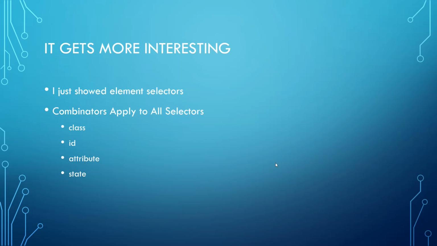All right. But it gets more interesting. To keep it simple, I just showed element selectors. But combinators apply to all selectors: class selectors, ID selectors, attribute selectors, and also state selectors, the pseudo classes. So combinators can be combined with these types of selectors on the left and the right of the combinator, plus the elements we've learned about, cascading and priority and weight.